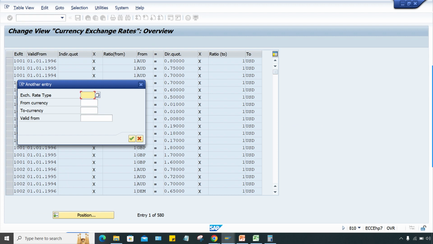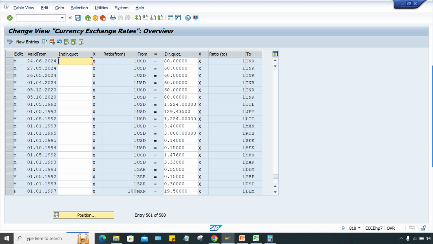So once again, exchange rate type M, currency USD to INR, 24.6. This one. So instead of 80, I'll maintain now that 1 USD equals 80 rupees, or 1 rupee equals this much US dollar, and save.